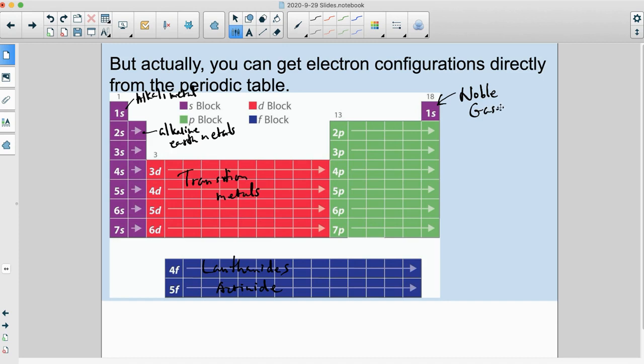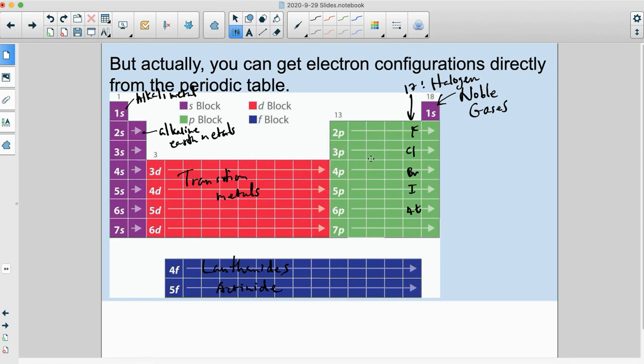Very royal. And another special name, for group 17, is the halogens: fluorine, chlorine, bromine, iodine, astatine.